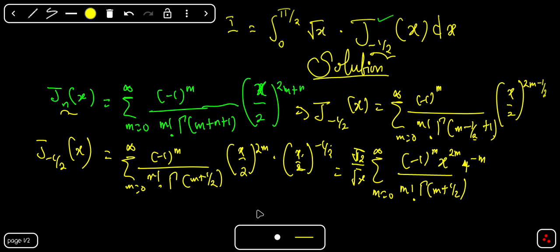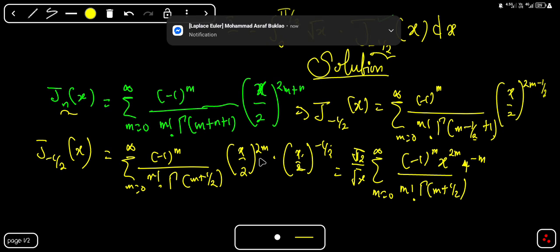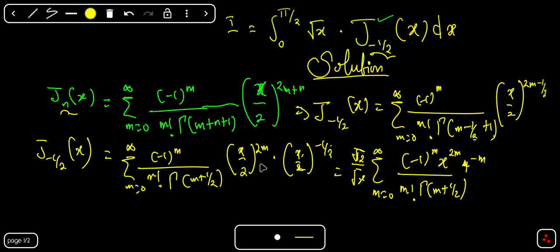That's also law of indices. 1 over 2 is 2 raised to the power of minus 1. Then if you apply the law of indices, minus 1 times 2m gives us negative 2m. So 2 raised to the power of negative 2m will give us 4 raised to the power of minus m. All right, so we have this general formula.